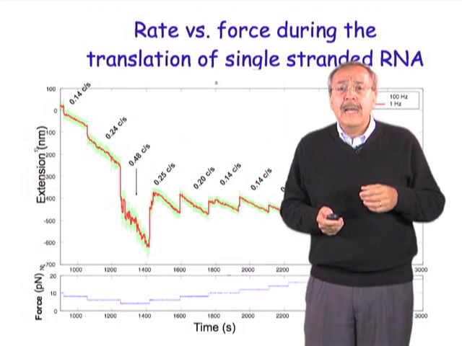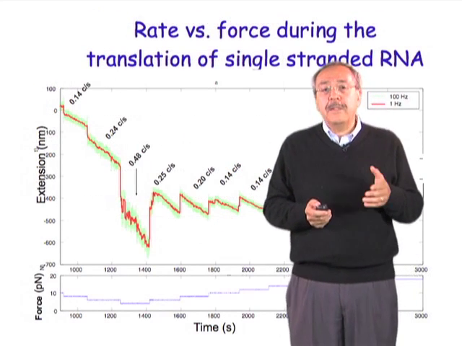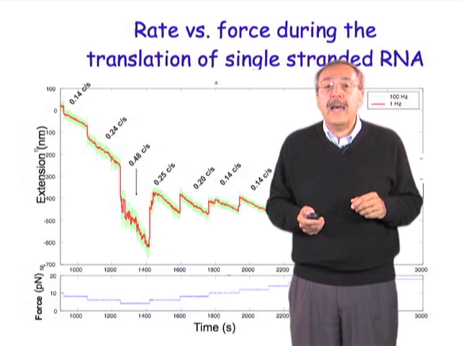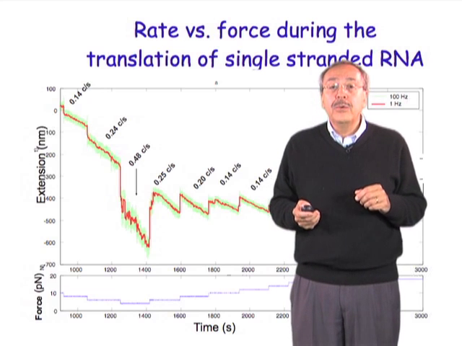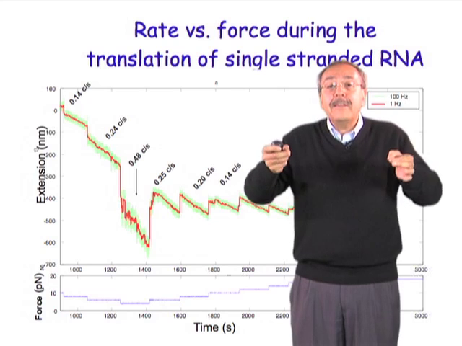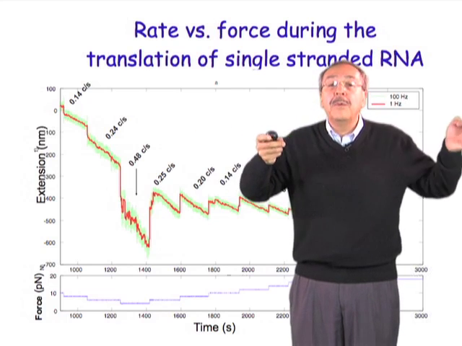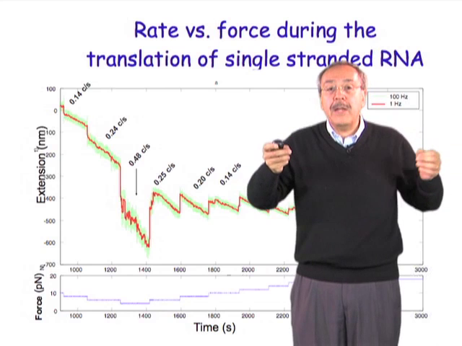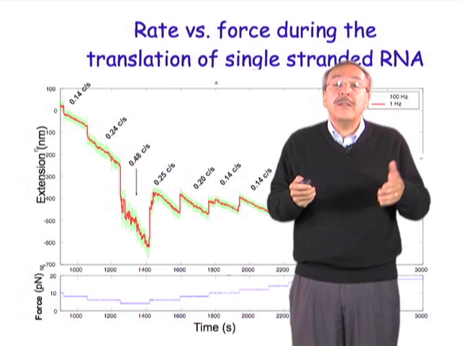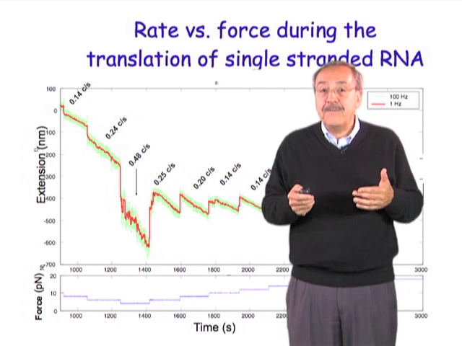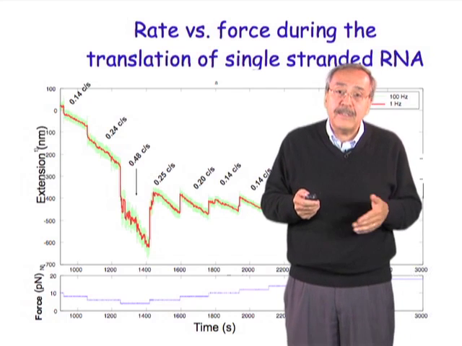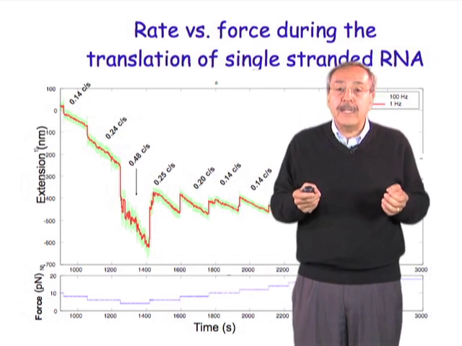And in fact, in this experiment, just to finish this first half, I like to show you that we can apply increasing tension in this tug of war experiment between the ribosome and the other end of the mRNA, and see how the rate of translation of the ribosome varies with the applied tension, with the load.